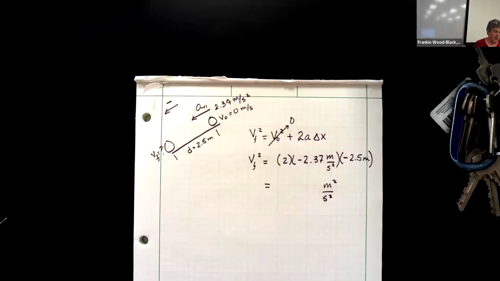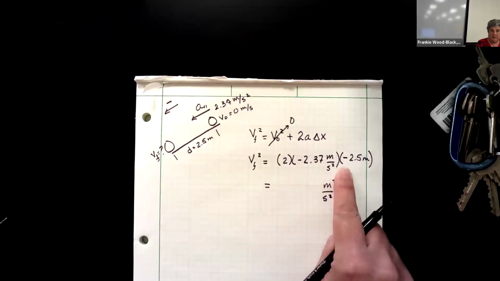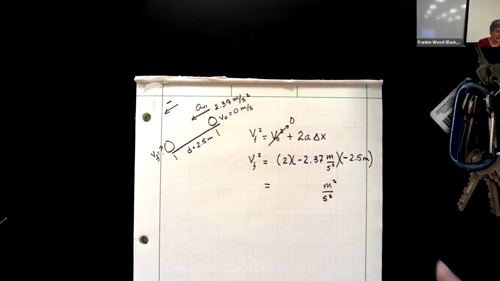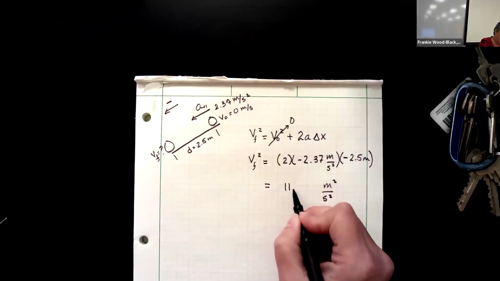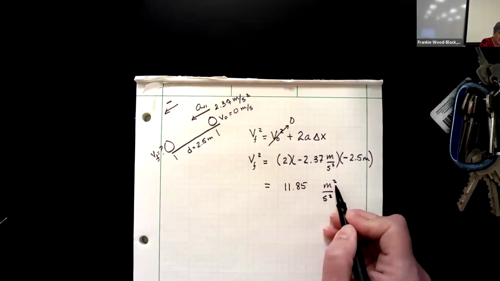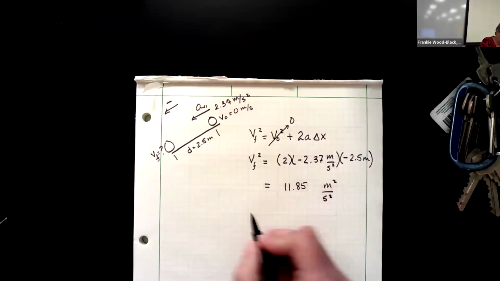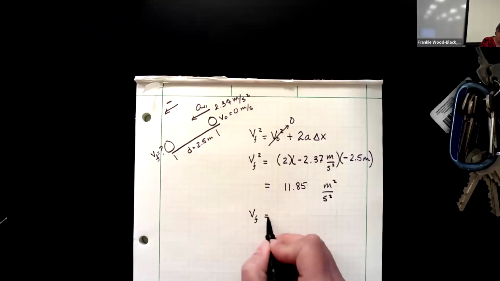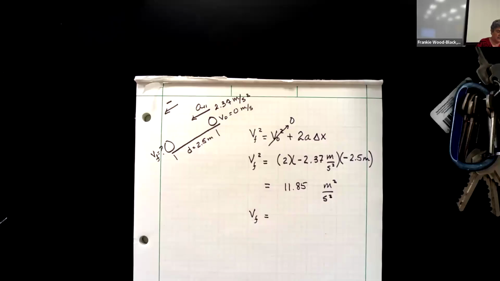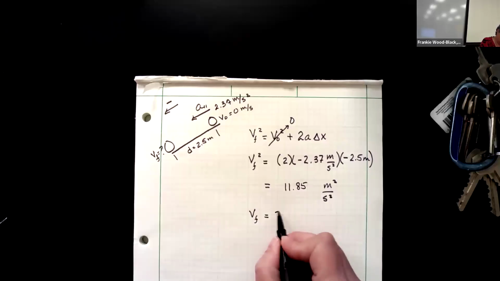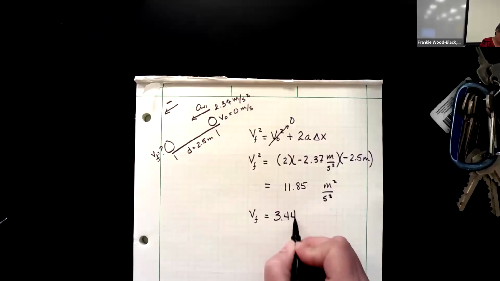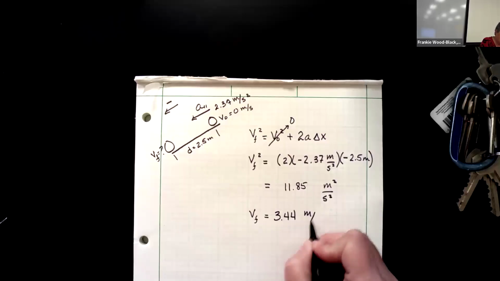If I multiply my numbers, I get 2 times 2.37 times 2.5. A negative times a negative is a positive, and it's going to be 11.85 meters squared per second squared. That's squared, so if I take the square root of that number, I'm going to get my answer, and that's in meters per second.